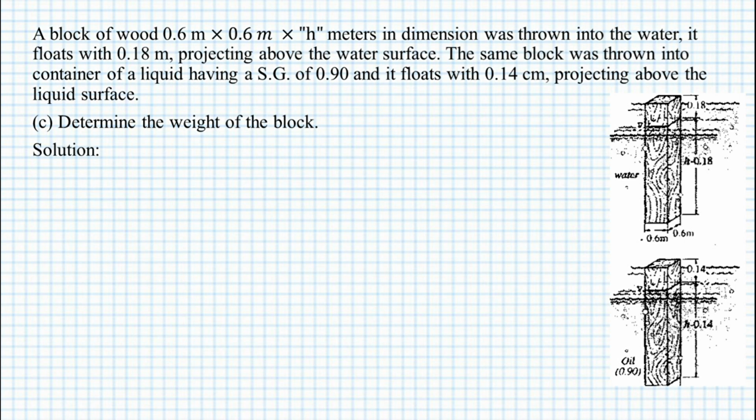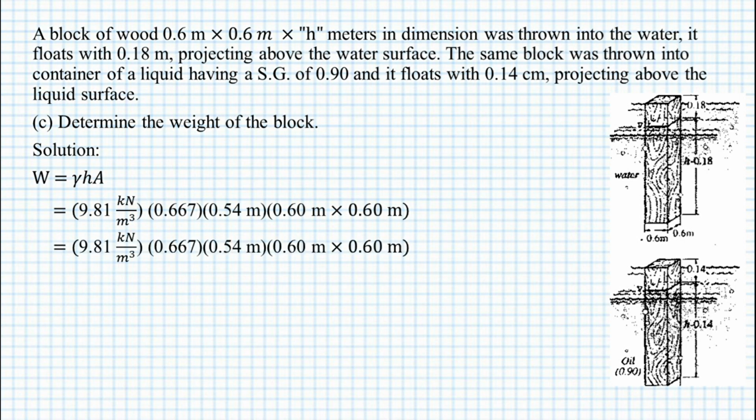And lastly, we're going to solve for the weight of the block. We use the formula weight equals unit weight multiplied by height multiplied by its area. Plug in the values, we have 9.81 kilonewton per cubic meter times 0.667 multiplied by 0.54 meter times 0.60 meter times 0.60 meter.